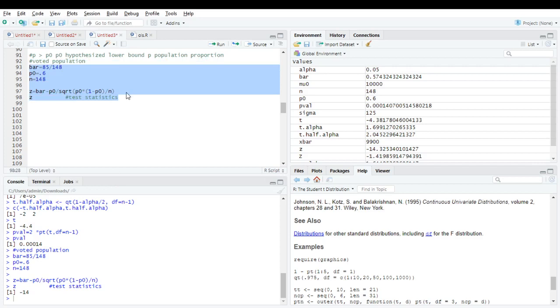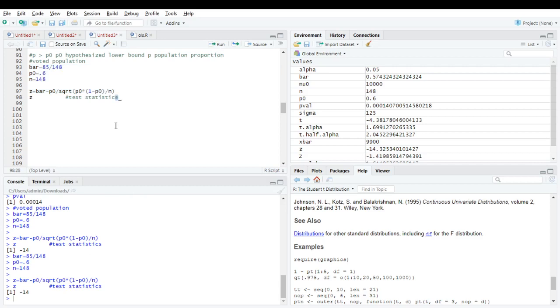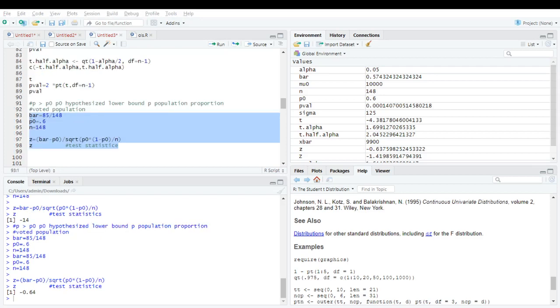Minus 14 is too high. I think something went wrong here. So yeah, there was a small typo. As you can see right now, the z value is minus 0.64.